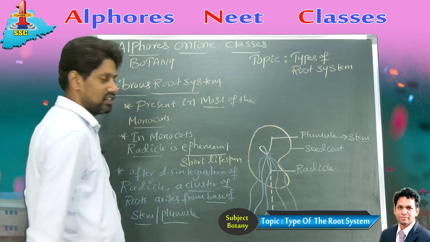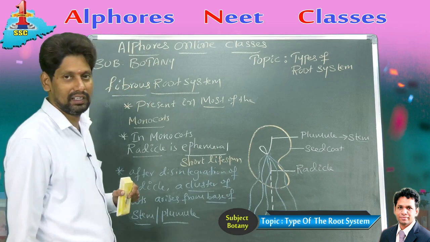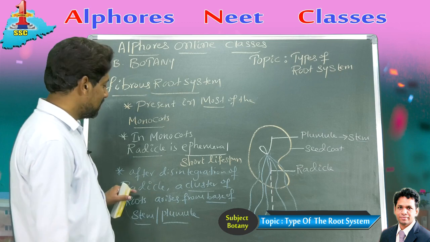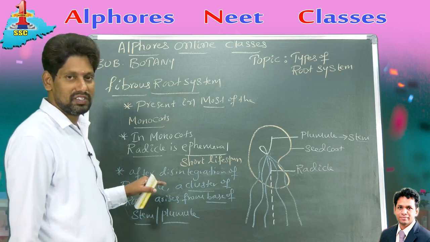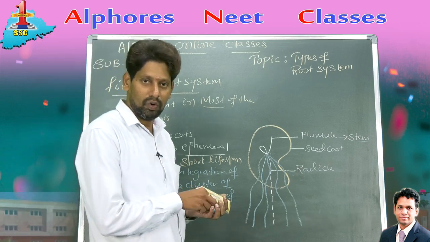Cluster of roots has arisen when? After disintegration of radicle. Is this statement okay? This cluster of roots together forms which system? Fibrous root system.